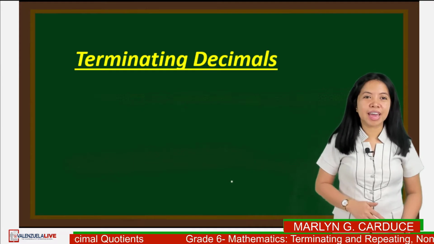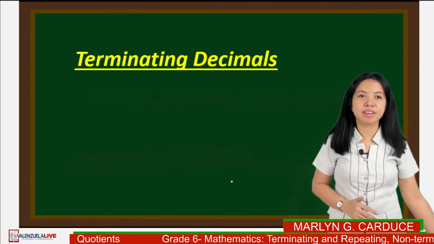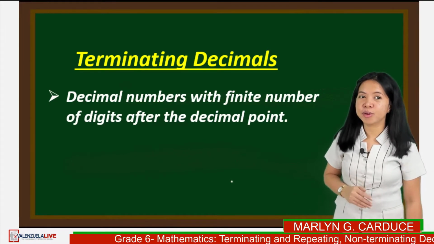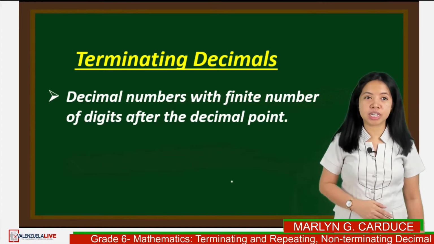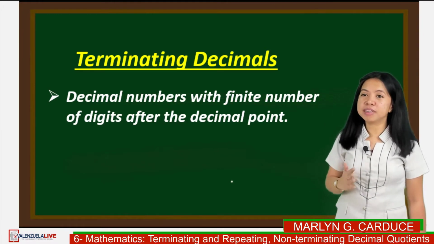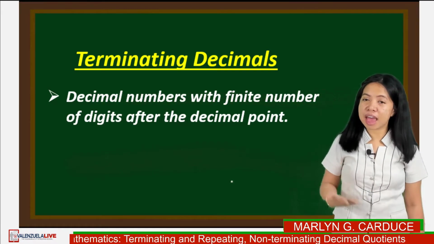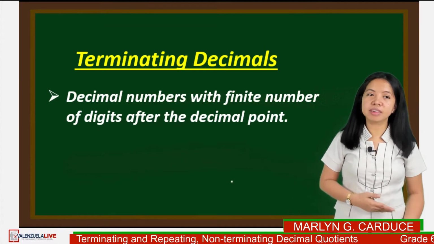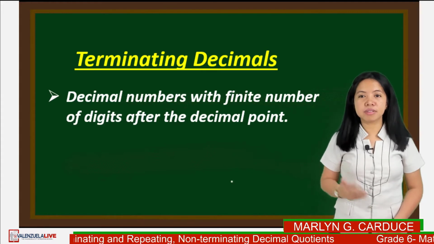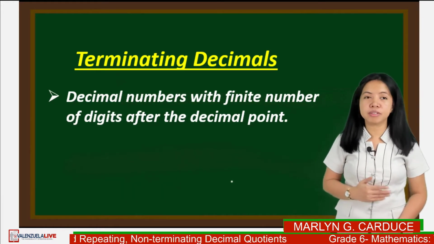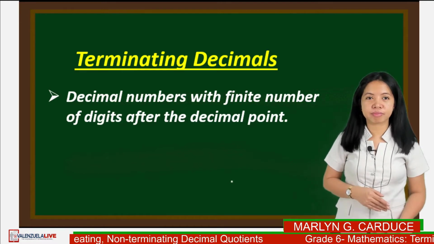Thus, terminating decimals means decimal numbers with a finite number of digits after the decimal point. Finite means having a limited or countable number of digits. And terminating decimals result when the division terminates or comes to an end with a 0 remainder.